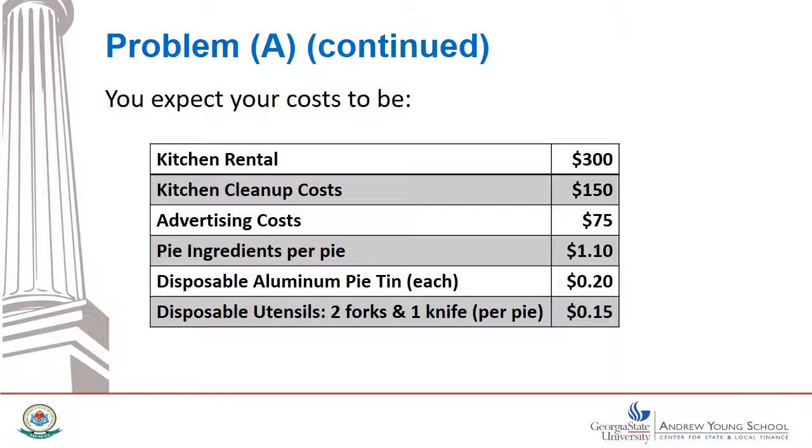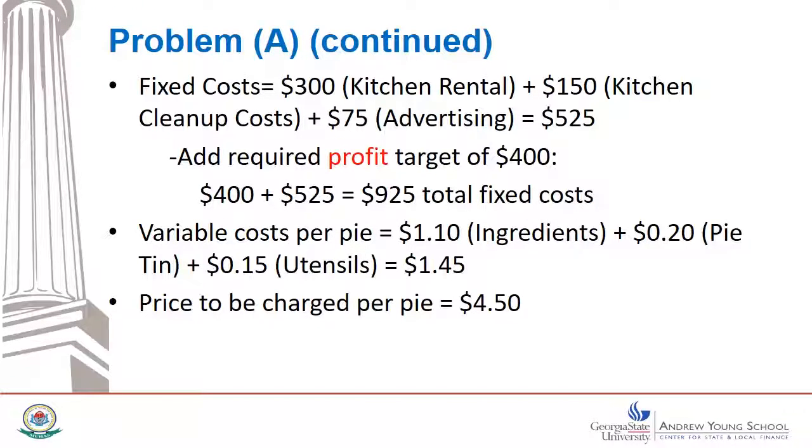Now we can use those assumptions in a series of formulas that we derived earlier. So using these assumptions, we find that total fixed costs are the $300 kitchen rental, the $150 kitchen cleanup costs, and the $75 advertising costs for a total of $525.